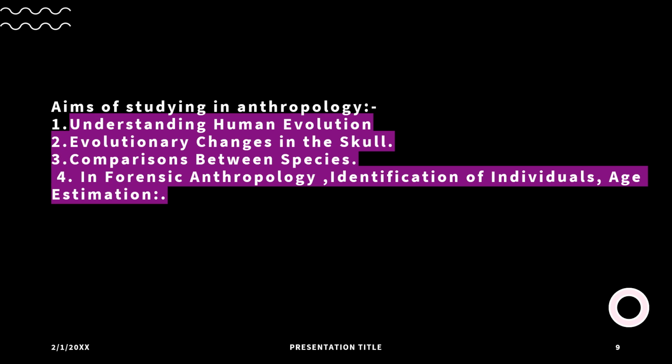And last but not the least, forensic anthropology. Forensic anthropologists usually apply their knowledge of human osteology or craniometry to assist criminal investigations. Not only this, it helps them identify remains and provide legal evidence for the cases.